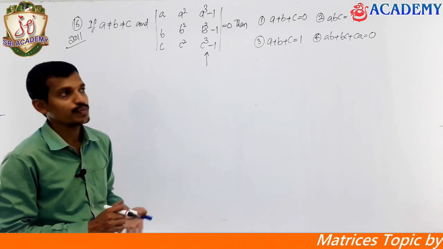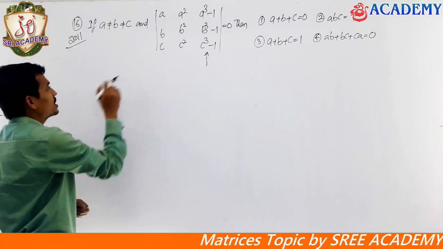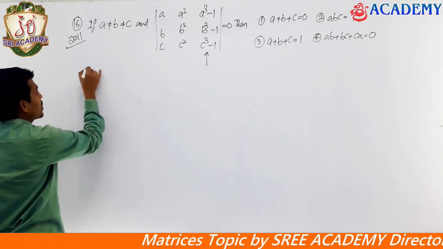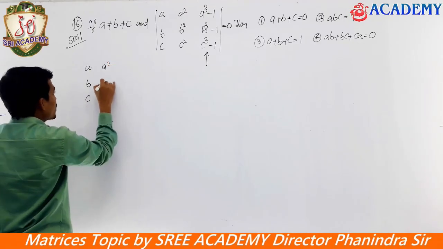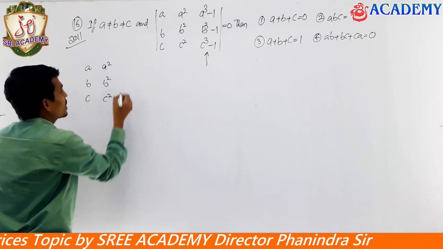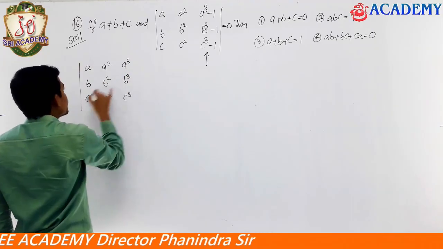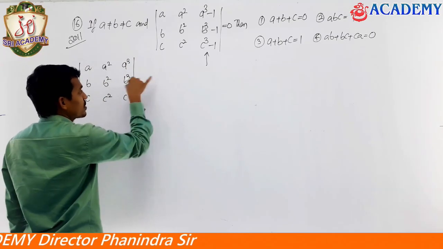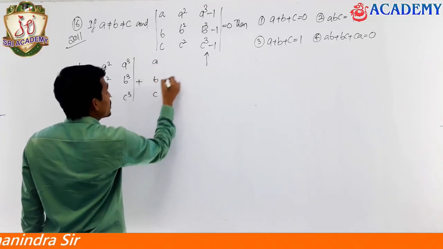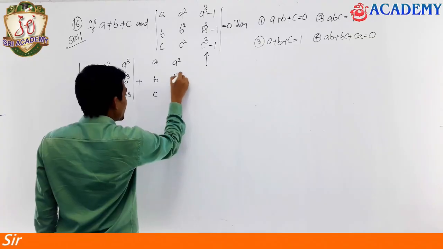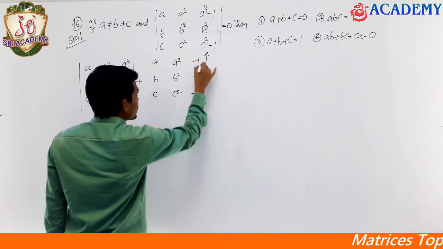Right, here by using this column, I am splitting this matrix into 2 matrices. One is A, B, C, next A square, B square, C square, next A cube, B cube, C cube, plus A, B, C, A square, B square, C square, minus 1, minus 1, minus 1.